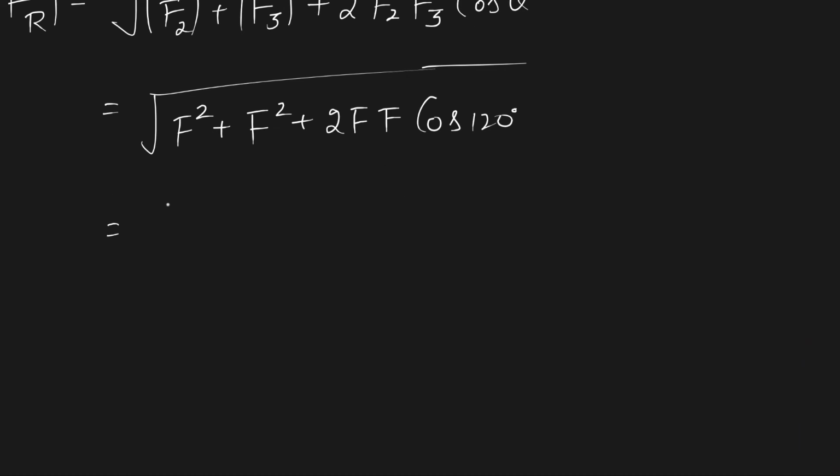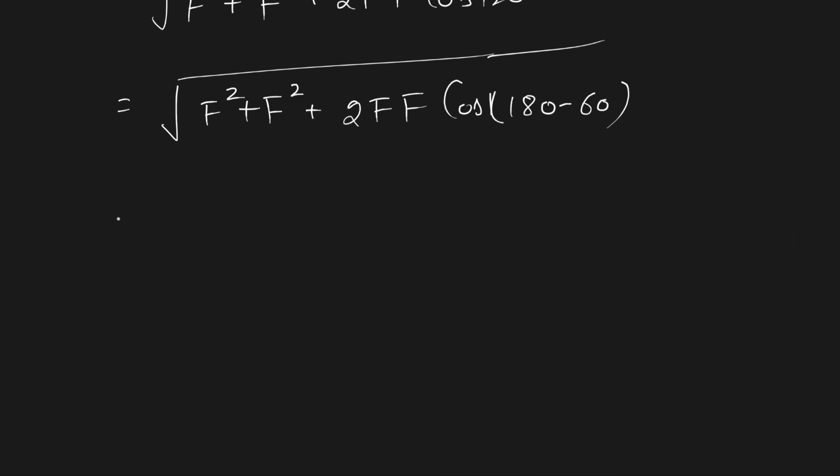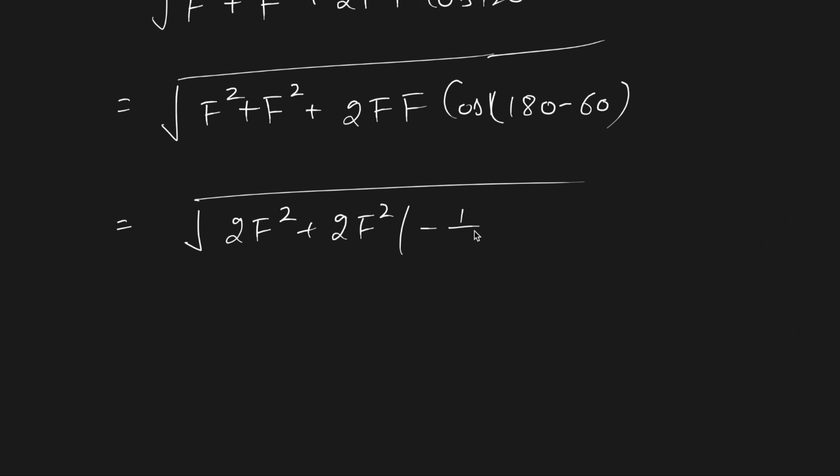If we simplify it, cos 120 degrees is nothing but cos of 180 minus 60 degrees. So F squared plus F squared plus 2F squared cos 120 degrees, because in the second quadrant it comes out as cos 60 degrees, and it becomes negative because cos is negative in the second quadrant.